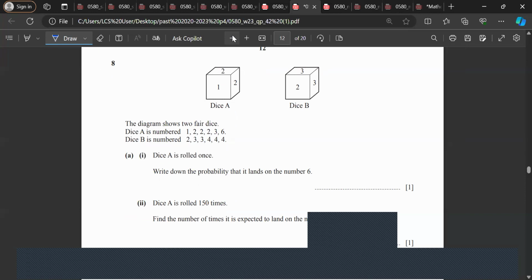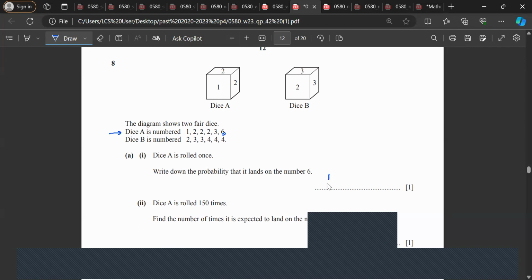Okay, look here. He's telling me dice A is numbered 1, 2, 2, 2, 3, 6, and dice B is numbered with these numbers. Dice A is rolled once. So write down the probability that it lands on number 6. What is the probability of number 6 in dice A?